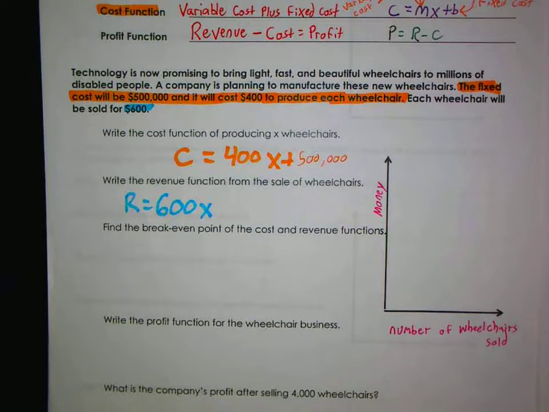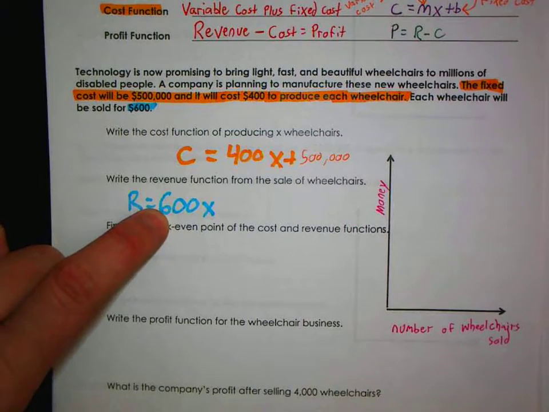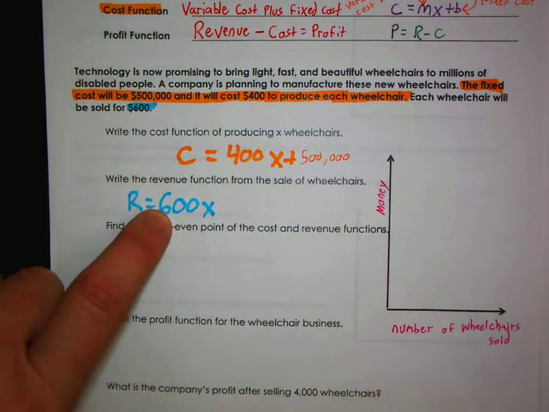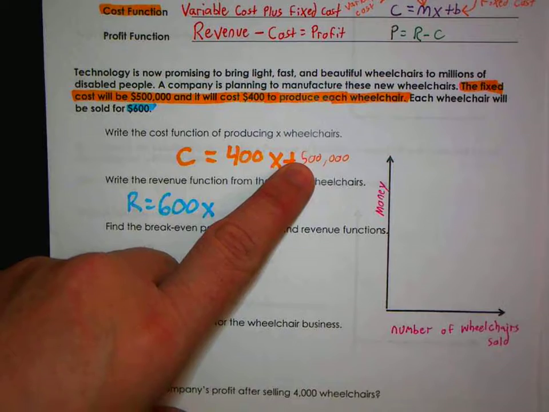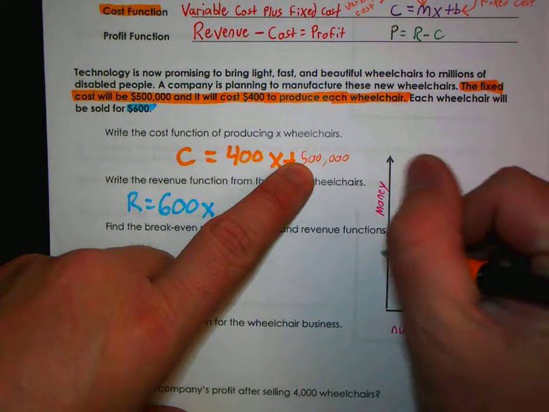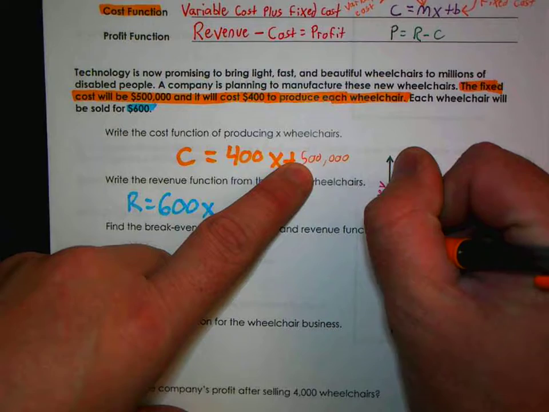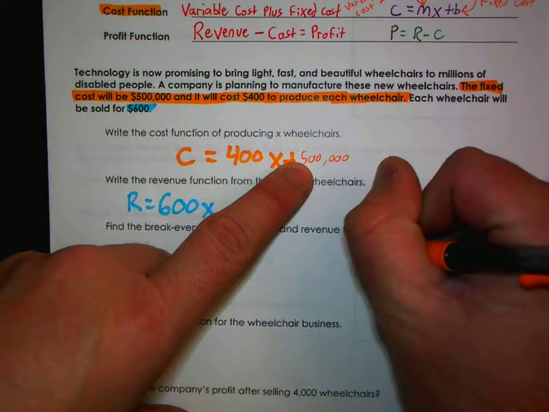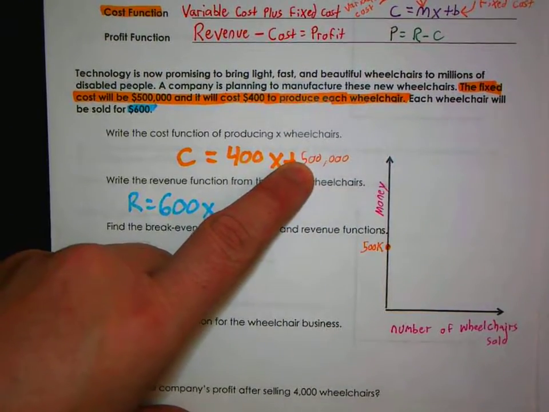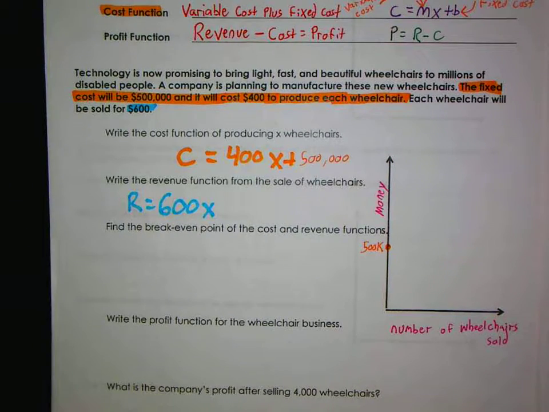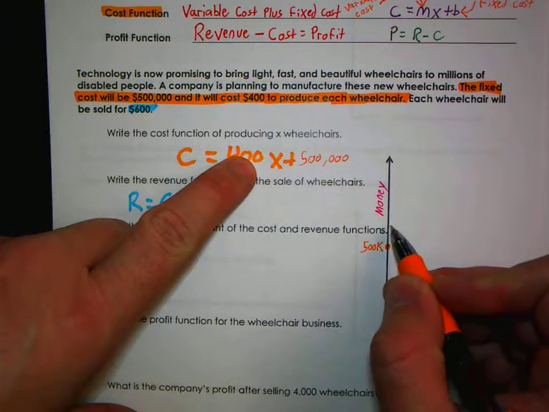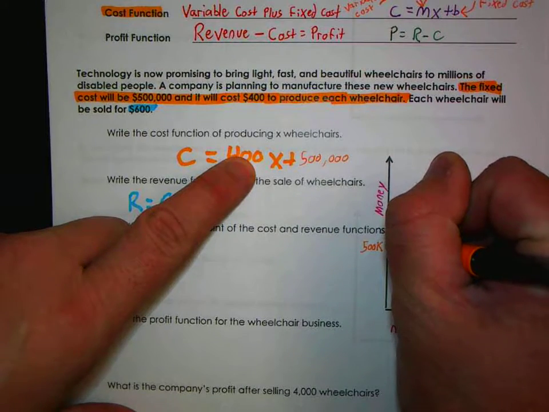And the way this looks, and when you're doing this, you don't have to be completely exact, but cost is starting out at 500,000. Let's say that's here. And it's increasing. It's going up 400. So it's going to look something like this.